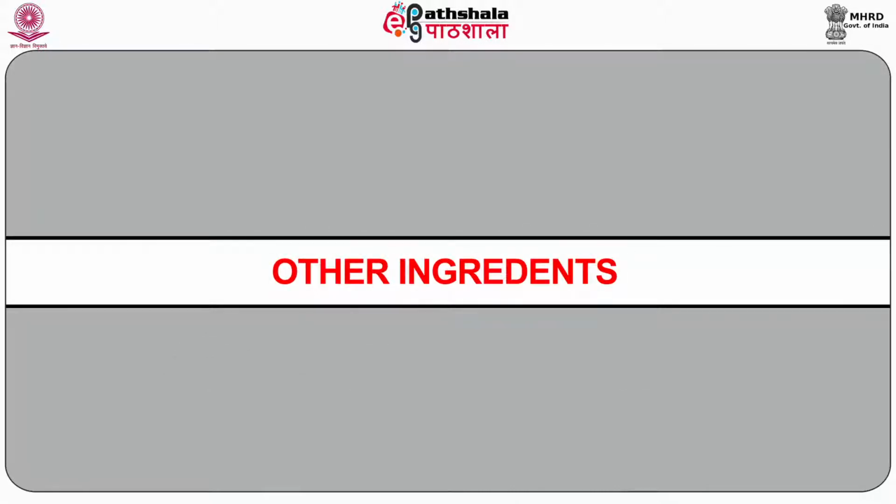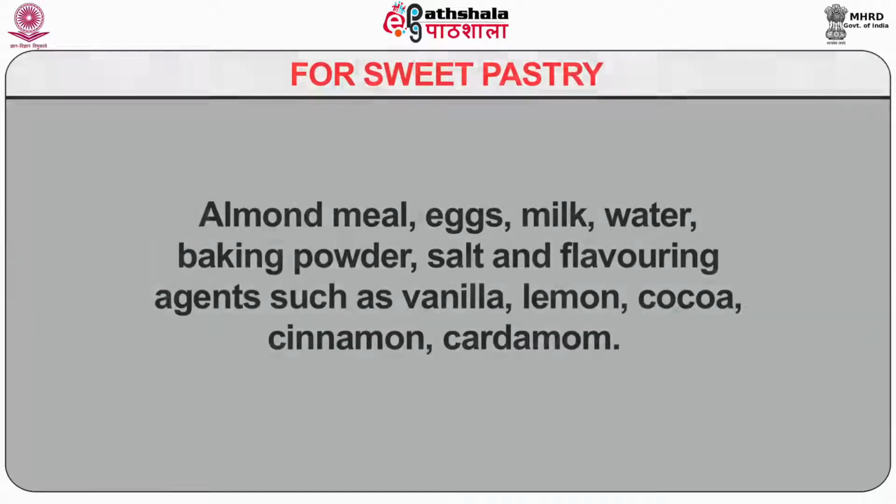Other ingredients. For sweet pastry, a few additions are milk, eggs, water, baking powder, salt, almond meal, and flavoring agents such as vanilla, lemon, cocoa, cinnamon, and cardamom.